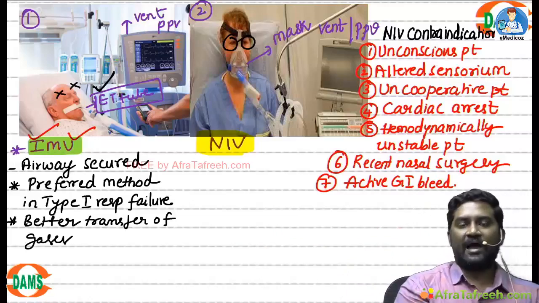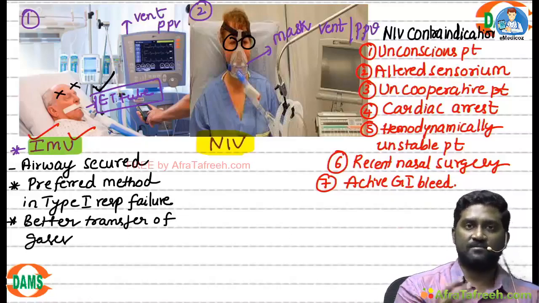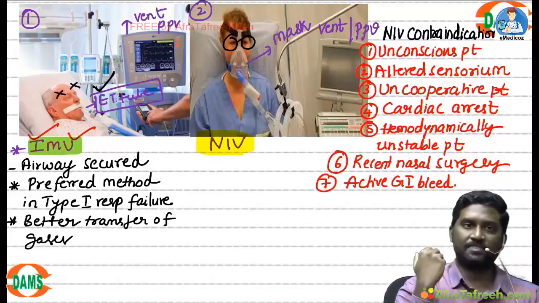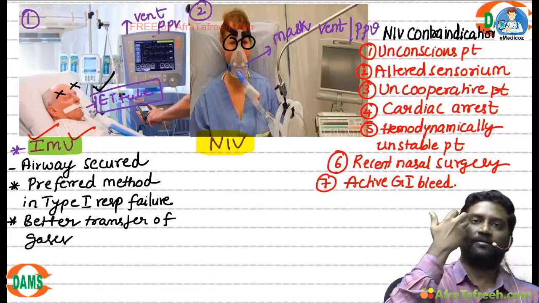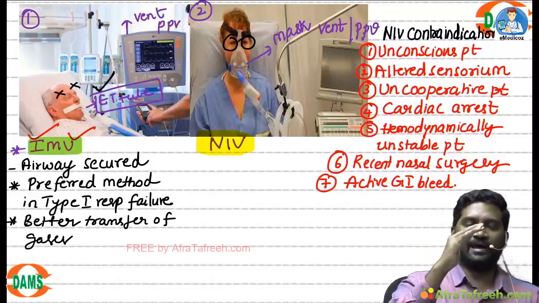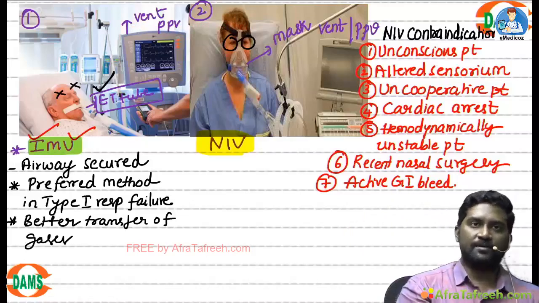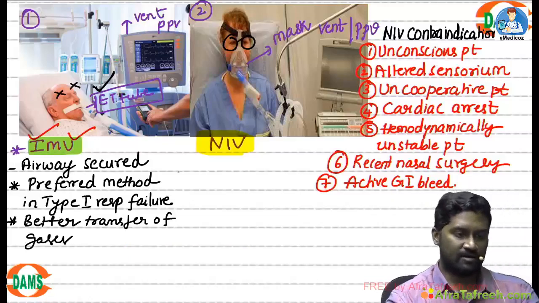Coming to active GI bleed. Already the patient is having hematemesis. So if you seal his face with a face mask, if at all the patient develops blood vomiting, it will not go out. It can go backward into the lung. Again the patient will develop asphyxiation with blood clot. These are the conditions where NIV is strictly contraindicated.